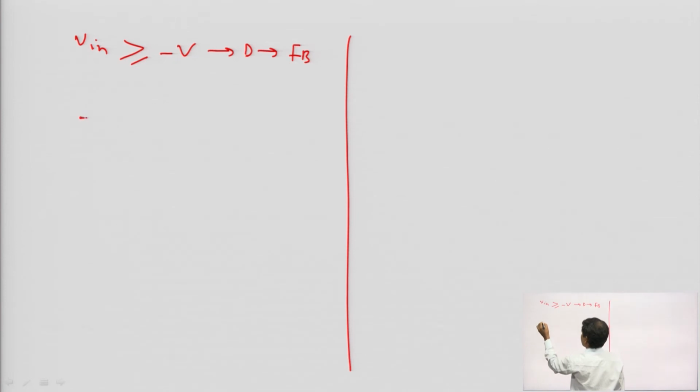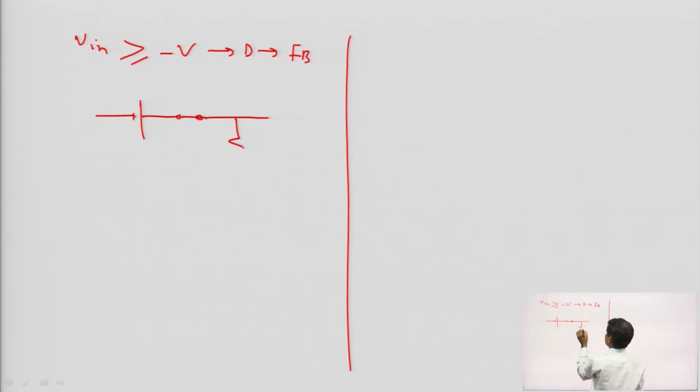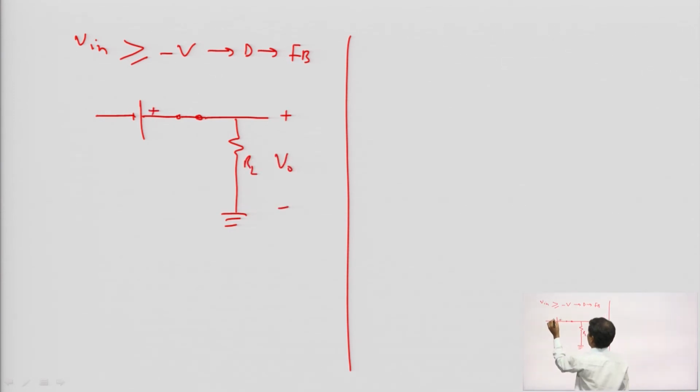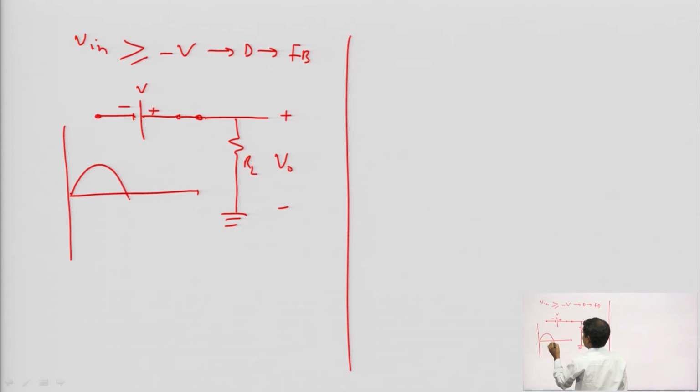In this case the diode becomes a short circuit ideally, and this is the load resistance RL, with plus and minus, and this is the plus minus V, and here the input is greater than minus V, between minus V and Vm.